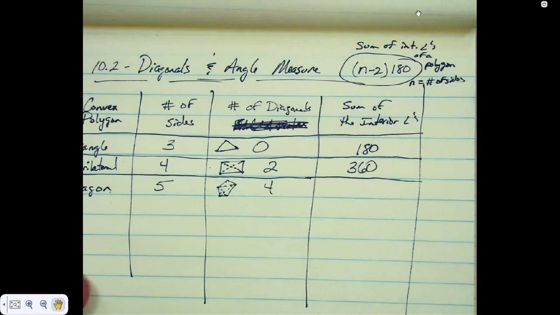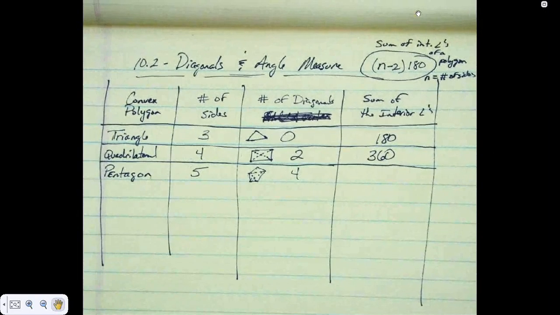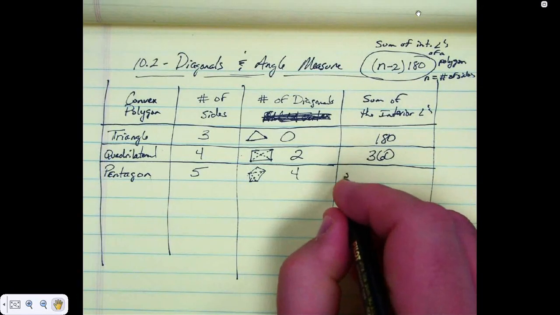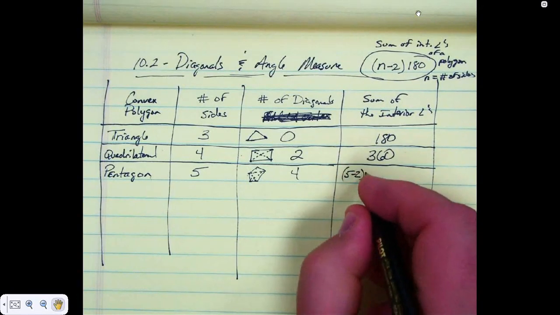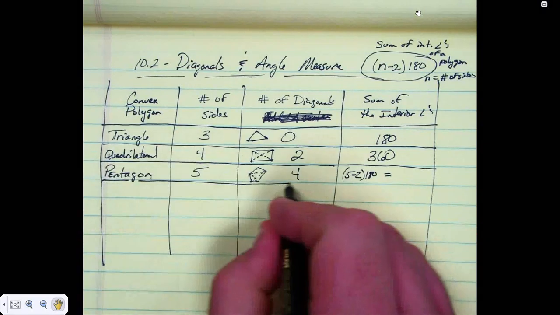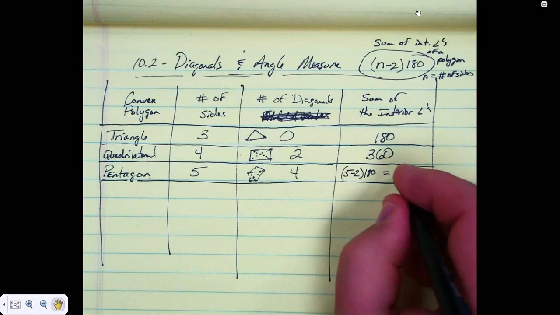So, to find this one, what's my n here? What's my number of sides? 5. So it'd be 5 minus 2, all of that times what? 180. What do you get when you put that into your calculator? 540.